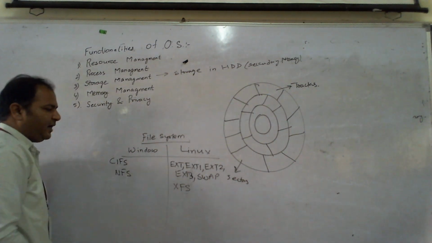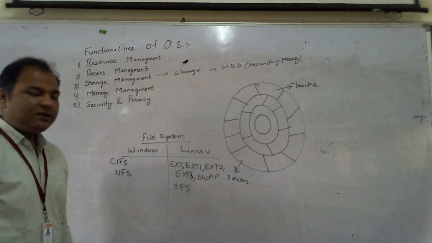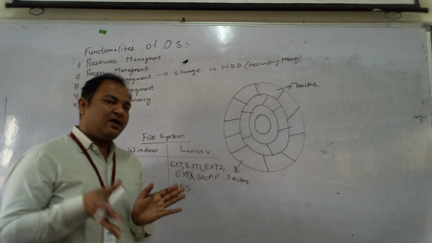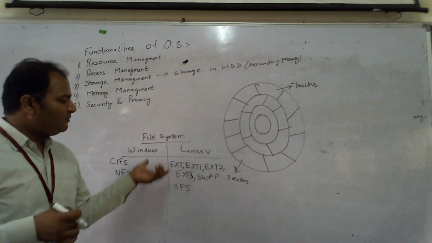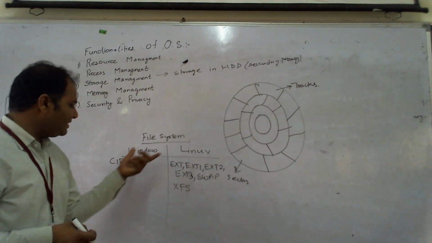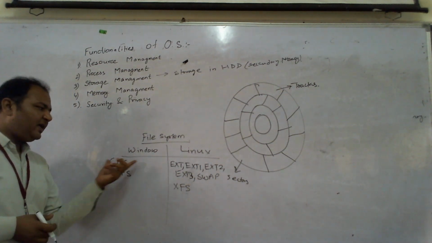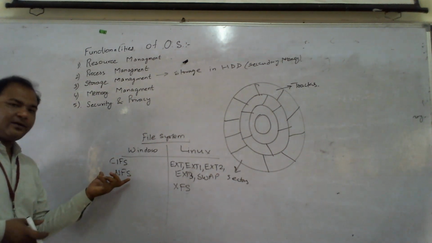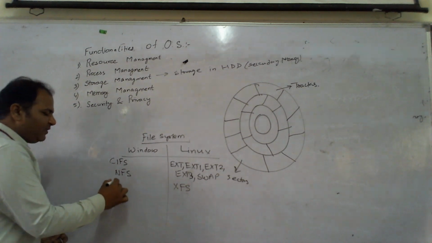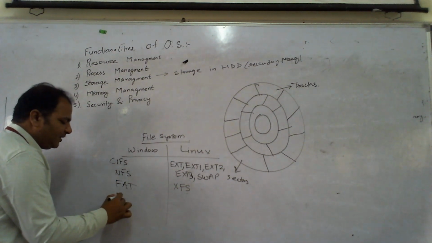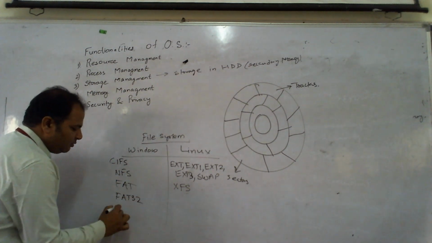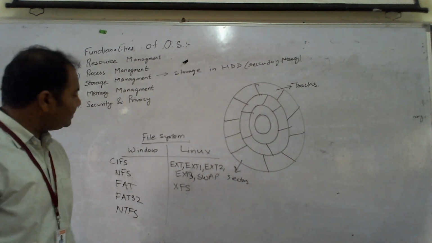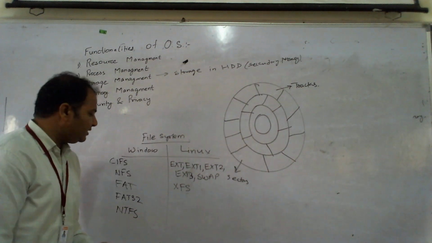These are the file formats which we use on the Linux platform. If we are storing any file on the Linux platform, the file will be stored in this format. If we are storing any file in the Windows operating system, the file or folder will be saved in formats such as CIFS, NFS, FAT32, NTFS. These are the file formats for storing files in the file systems of different operating systems.